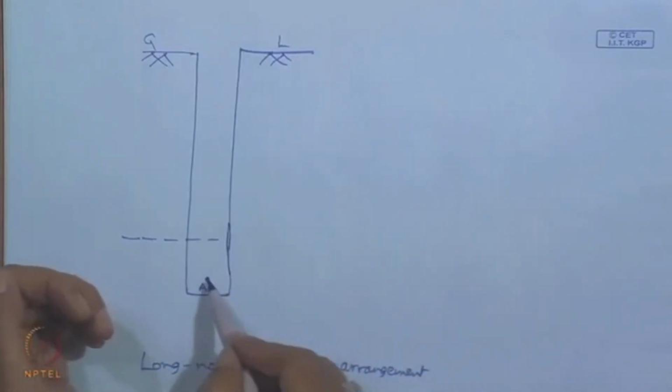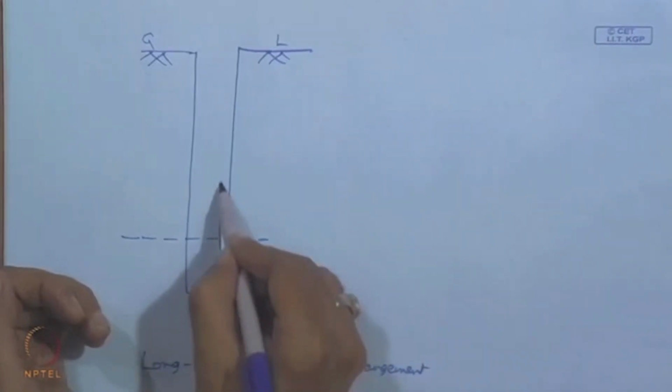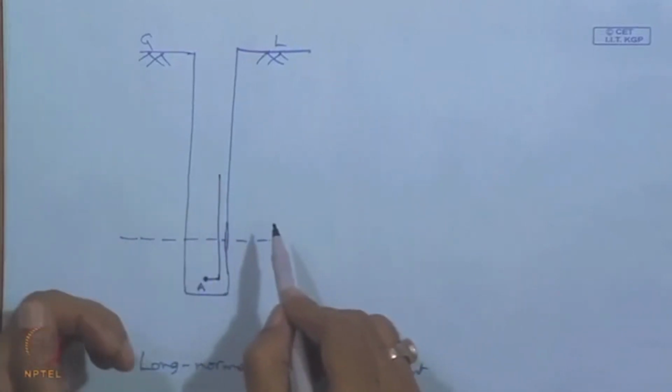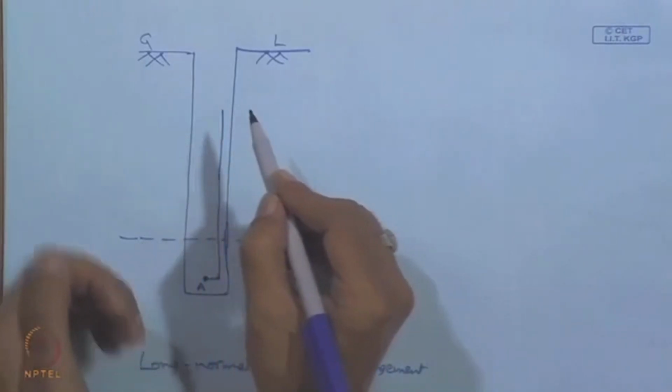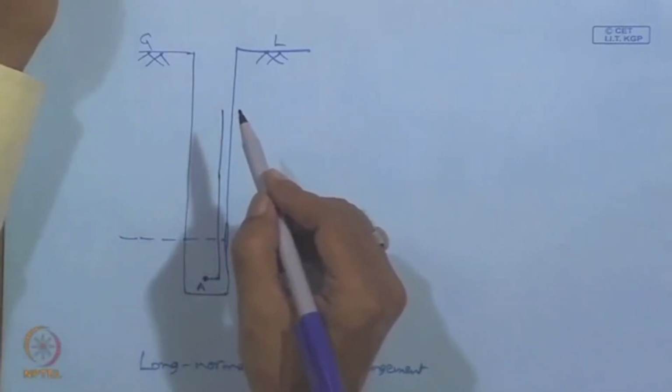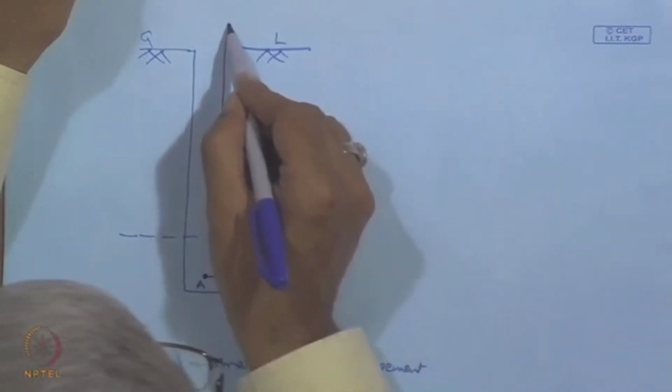In this case the earthing is with the current electrode. In the earlier case, the earthing was with the potential electrode.